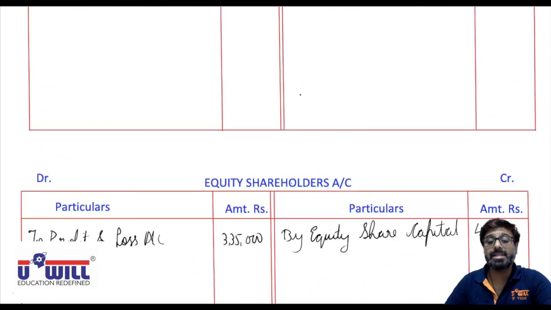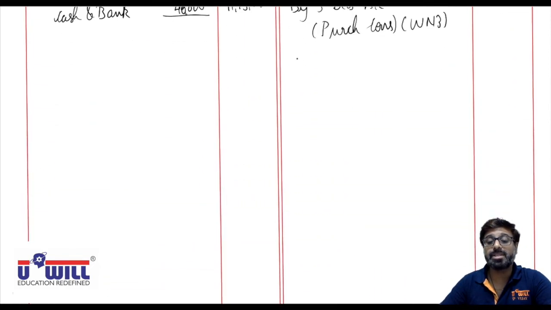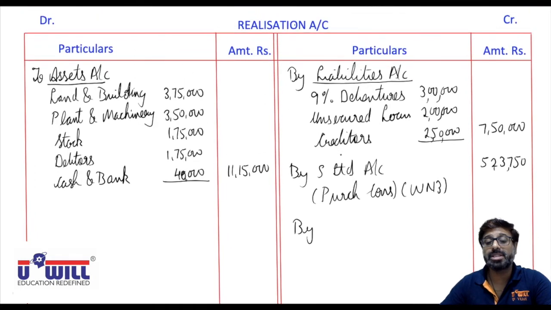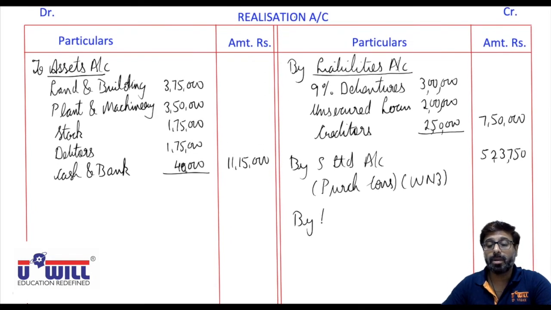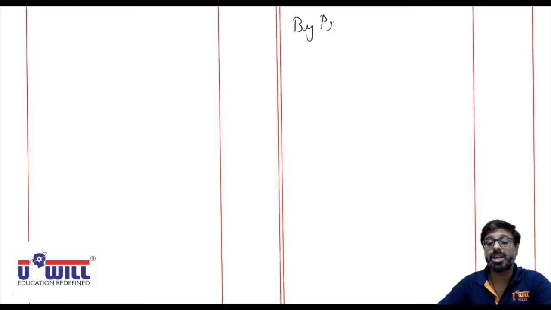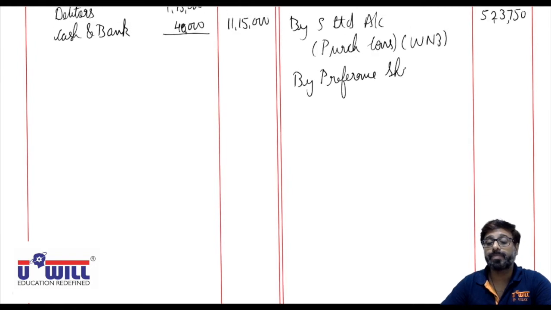Opposite side in realization account by preference shareholders account, 62,500, in bracket it's a profit, we are paying them less.